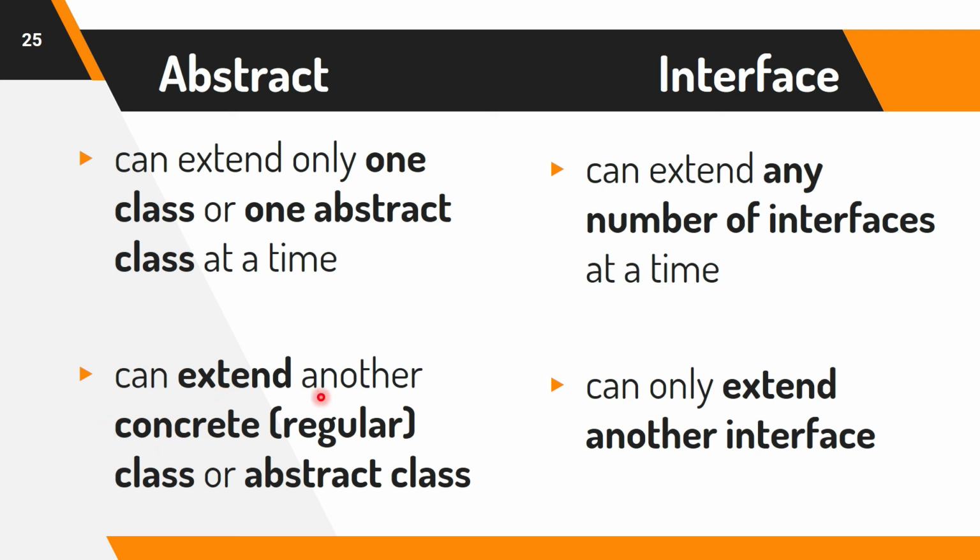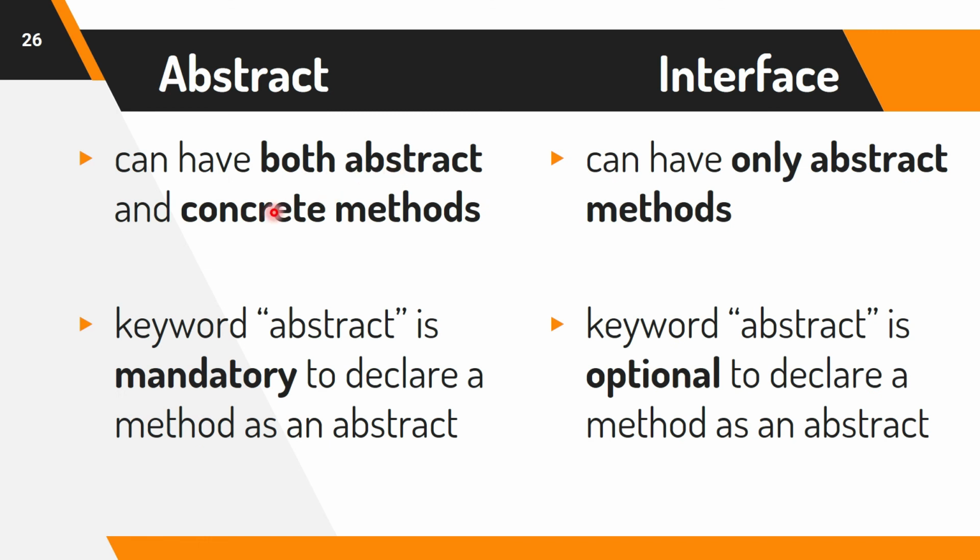It can extend another concrete or regular class or abstract class, but for interface, it can only extend another interface. It can have both abstract and concrete methods, while for interface, only abstract methods. For abstract, the keyword abstract is mandatory. So as mentioned ko rin yan earlier, mandatory to declare a method as an abstract class.